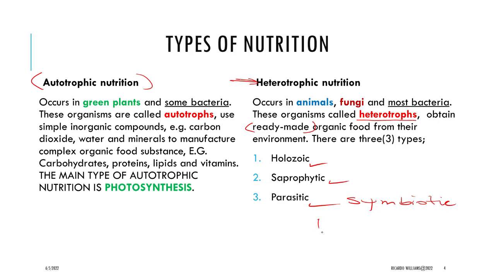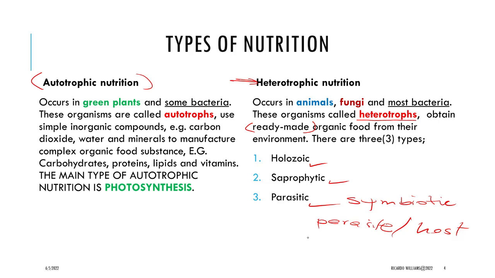That is where we have a parasite and we have a host. So the host suffers and the parasite benefits because the parasite is feeding on the host. So that's what occurs in a parasitic relationship. The parasite in a lot of cases is a smaller organism than the host.